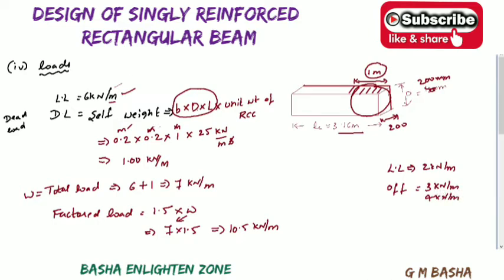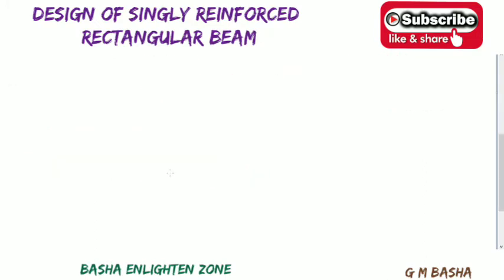Okay, then go to the next step, which is moments. So what about this moment? Based on this, we can check whether Mu will be greater than or less than Mu limit. So what is Mu? Mu will be equal to wl square by 8.